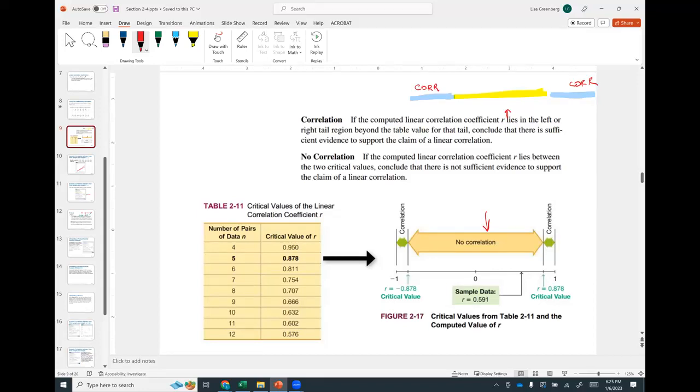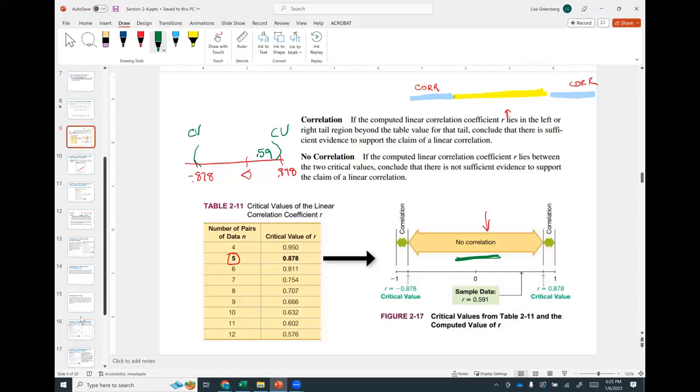So I would come here to 5 and say, okay, my critical values are 0.878 and negative 0.878. Let's put 0 here in the middle. And my R value was 0.59, which is between my critical values. And when they're between the critical values, as we can see, there's no correlation.